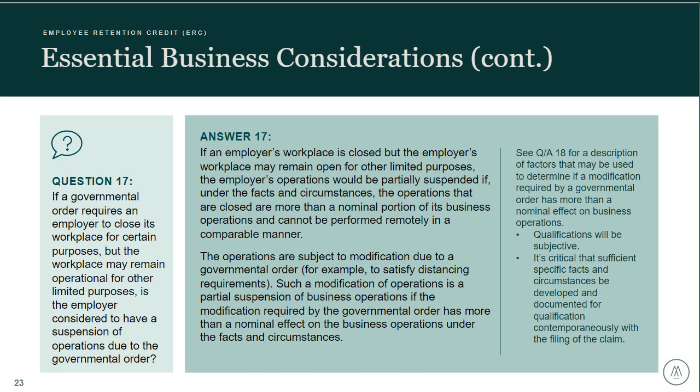It really gets back to the fact that this is subjective, that it depends on the facts and circumstances, and on what we are able to document that shows a connection between a government order that impacts the business and that it be more than nominal.